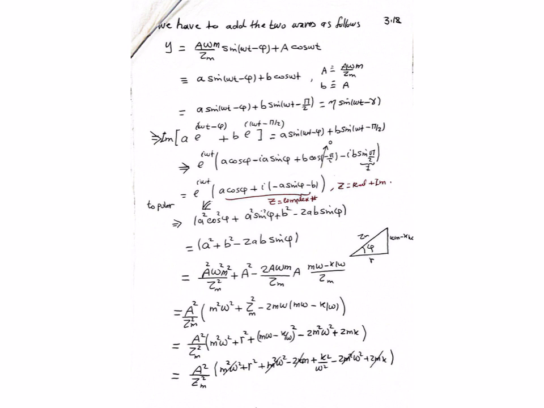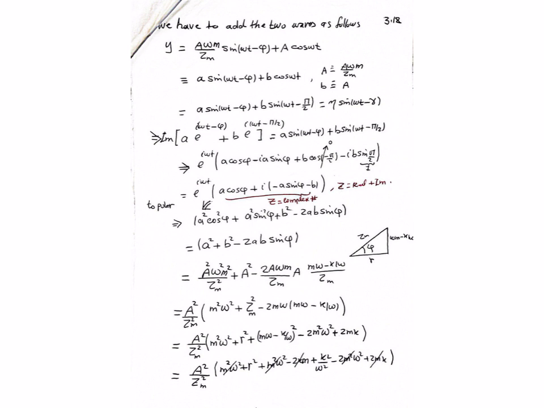And this is given by e to the power i omega t times A cosine phi plus i times minus A sine phi minus B. This term between the two brackets has a real and imaginary part. We have to put this in a polar form.